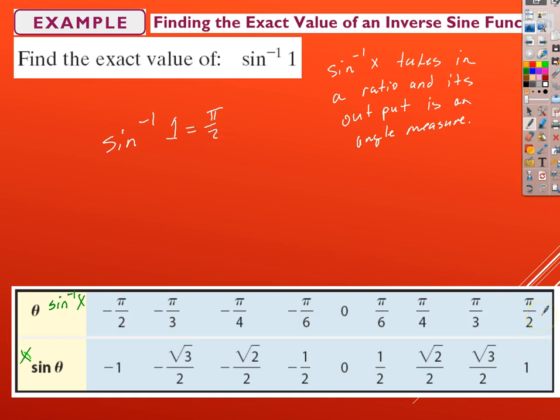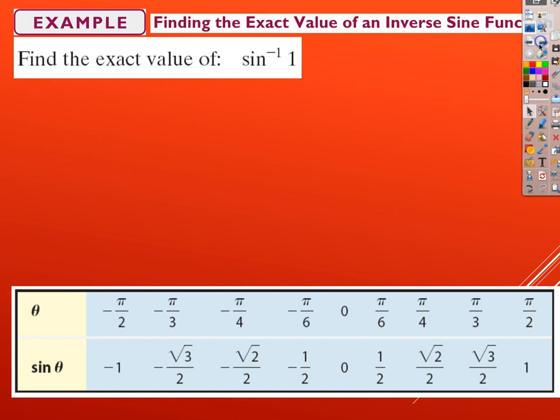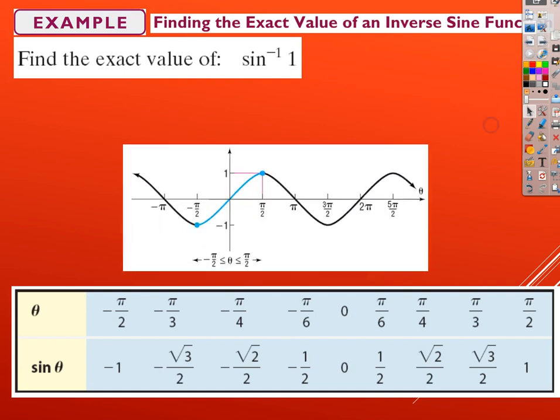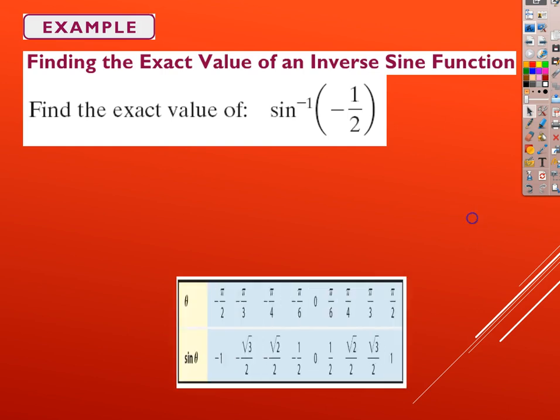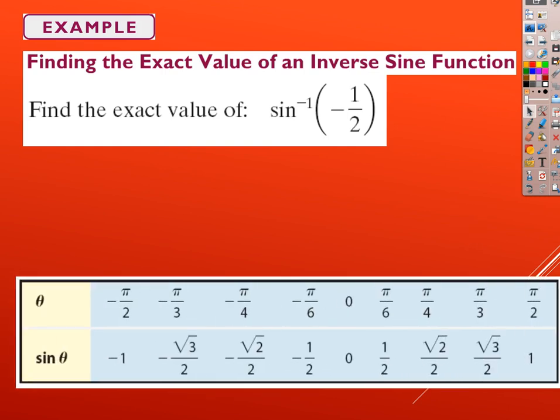So use that same thing for another example. It says here, find the exact value of sine inverse of negative 1/2. Again, I take a look at where sine is negative 1/2.